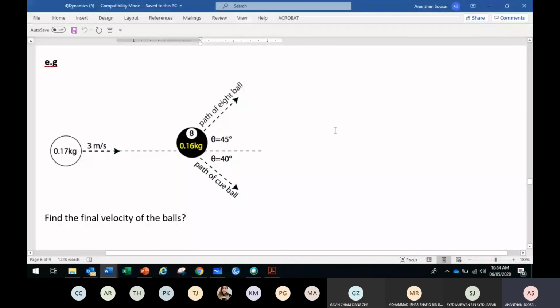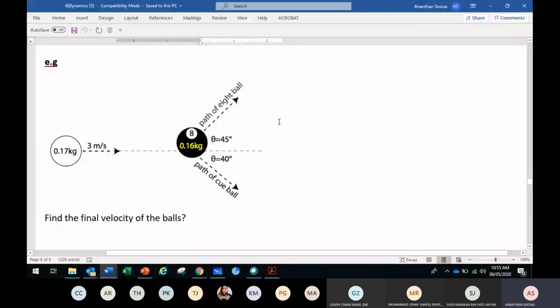Okay, this question is going to be your homework, because today I made a mistake. I thought today is 11 o'clock. So give this question a try. I want this working. After you get the working, write it, take a picture and post it on the WhatsApp.